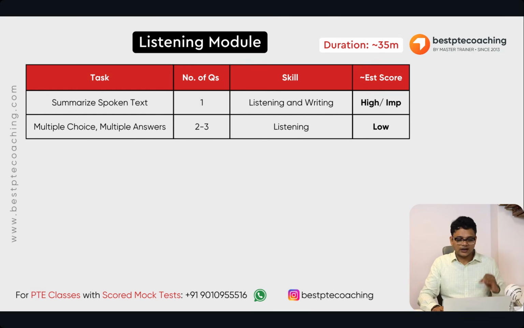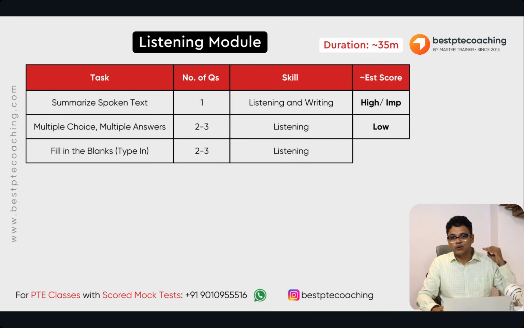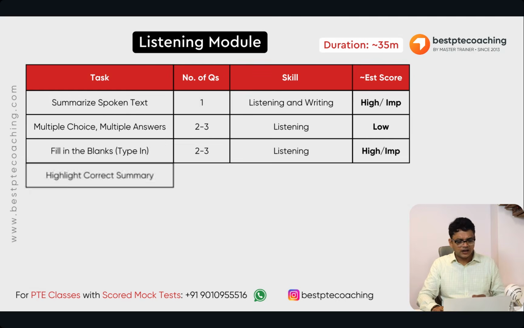Low score task, basically. Fill in the blanks, type in, basically what is it? 2 to 3 questions you get, and you are going to receive only listening score. It's supposed to be an important task in the listening module. It's a simple and straightforward task, should be important. And then highlight correct summary. 2 to 3 questions, and you get what?